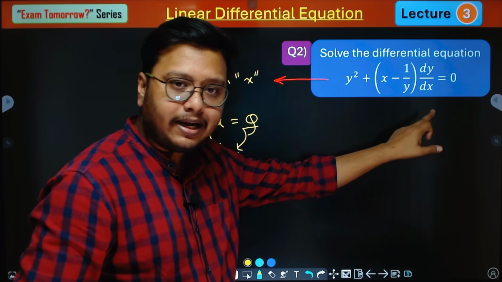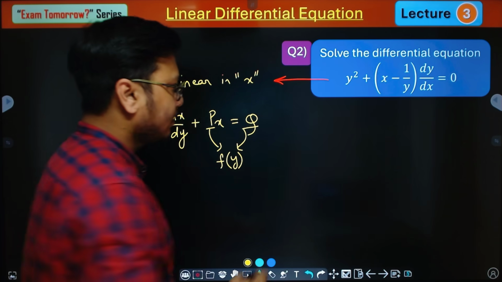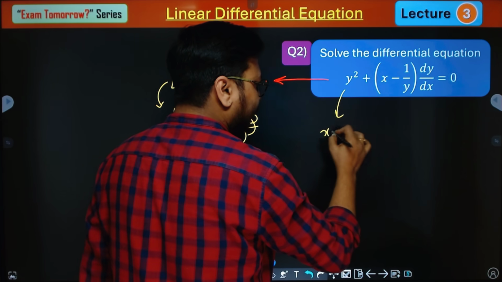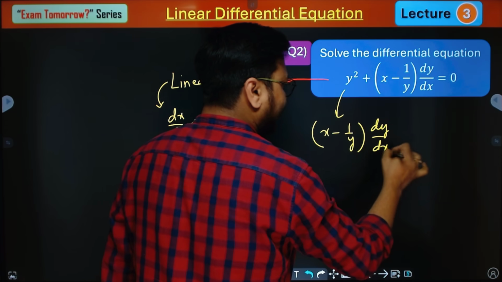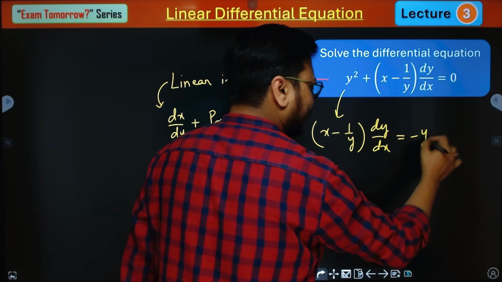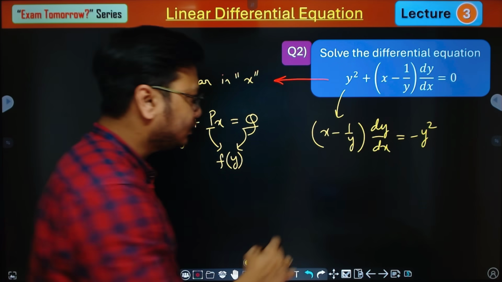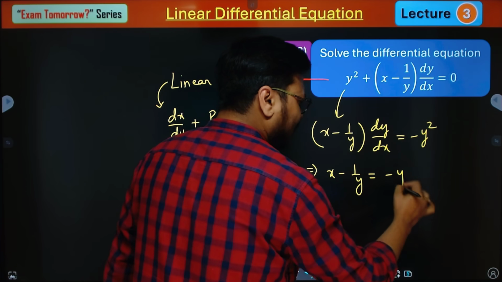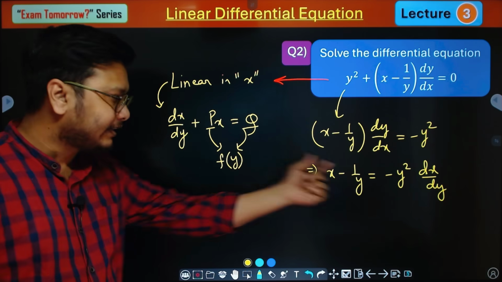Here I have dy/dx, that means I need to take the reciprocal. So I have x minus 1 upon y times dy/dx, and I take the y square to that side, equals minus y square. If I cross multiply, x minus 1 by y equals minus y square dx/dy. So I have got my dx/dy format.